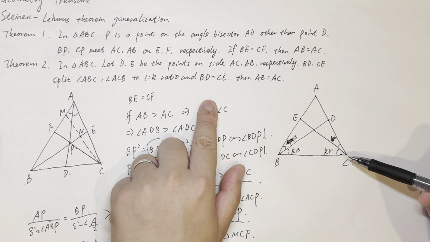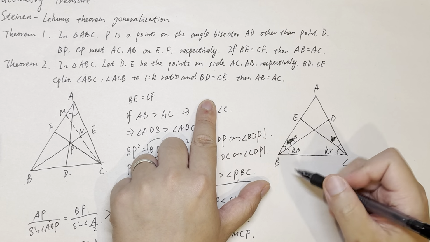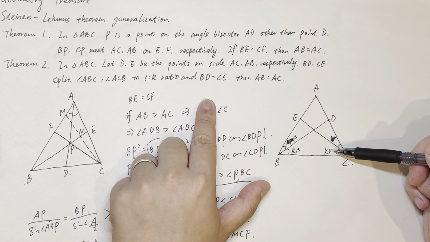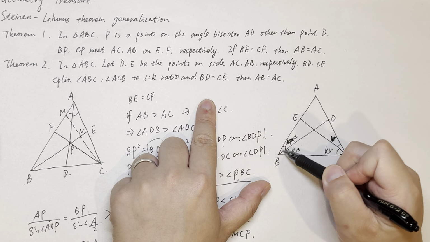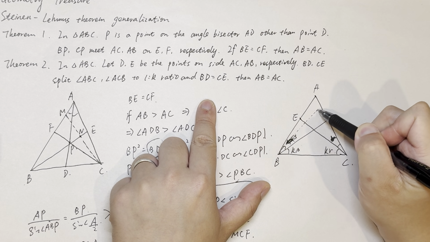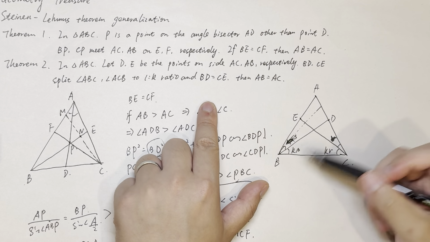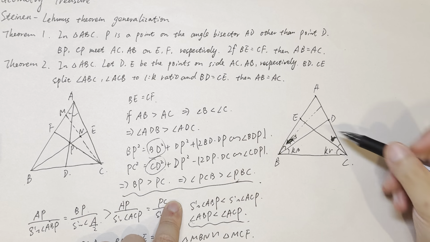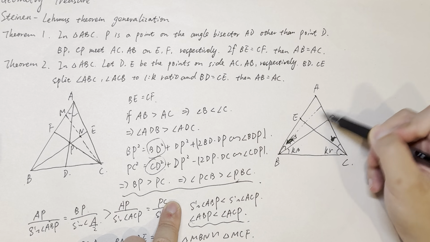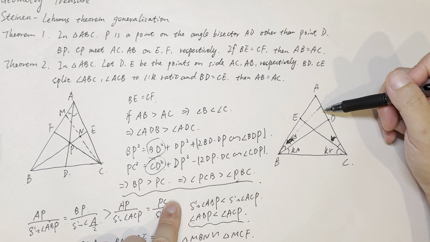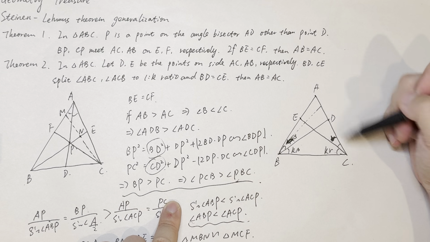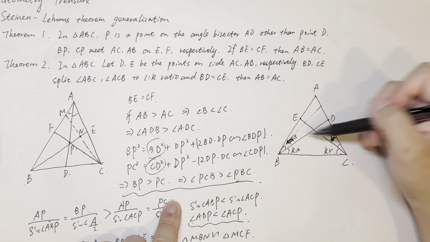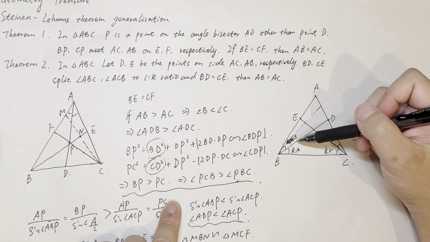So it's obvious, right? Because we can simply assume that beta is larger than gamma, then we can make another line here similar to this problem, and then we can prove that this one is eventually larger than this one, which makes a conflict that gamma is larger than beta.